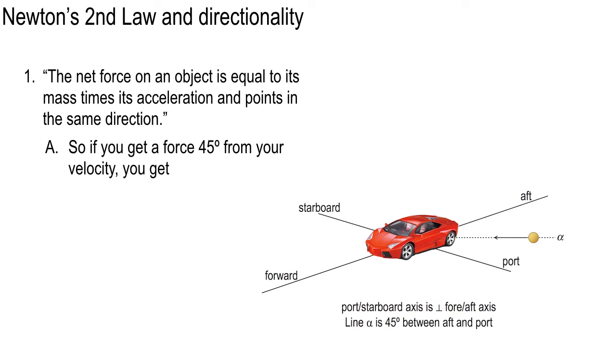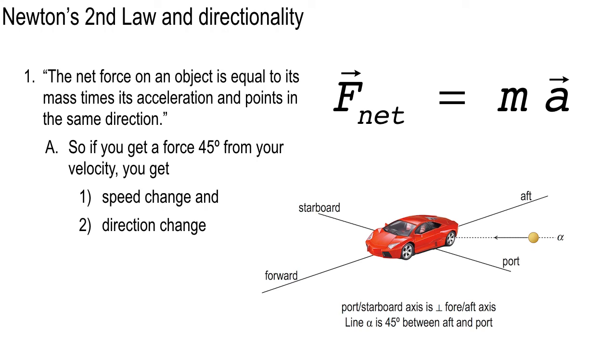So if you get a force 45 degrees from your velocity, say you're in this Ferrari moving forward, and you get this little alpha particle blazing into your car from aft and port, that means you're going to get a little bit of a bump, and it's going to increase your speed forward, and it's going to change your direction, because the net force is 45 degrees away from your velocity. So that's encoded in this statement.